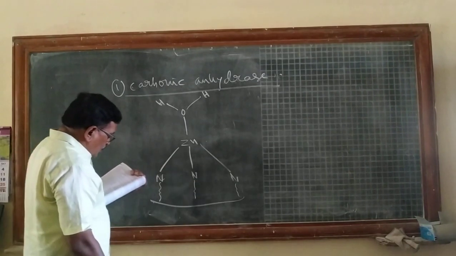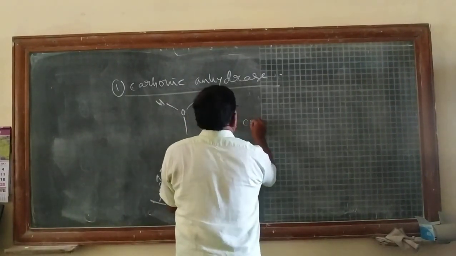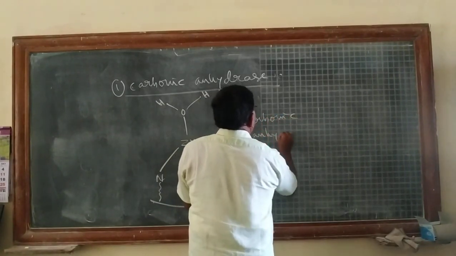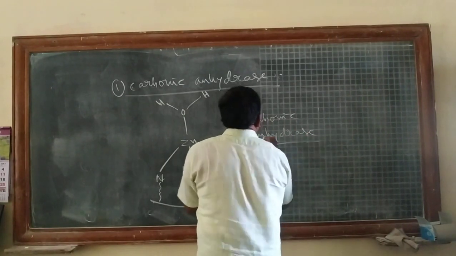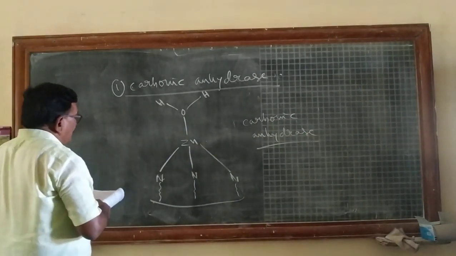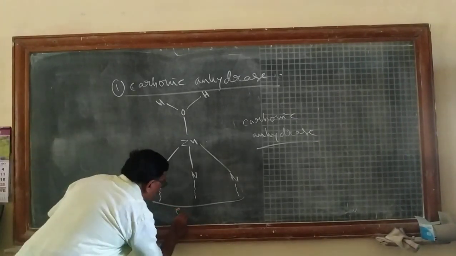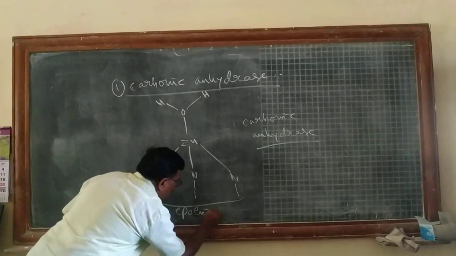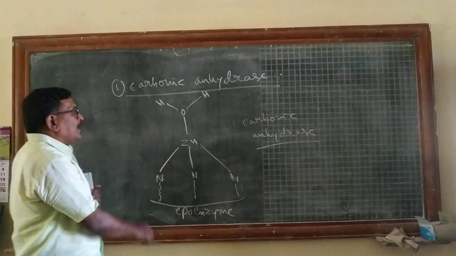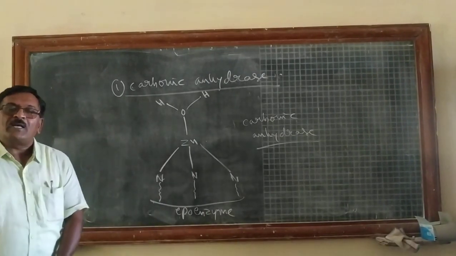This is called zinc, this is the carbonic anhydrase. It will be linked with the water molecule. The three nitrogen atoms together form the apoenzyme portion. This is the general structural formula of a carbonic anhydrase.